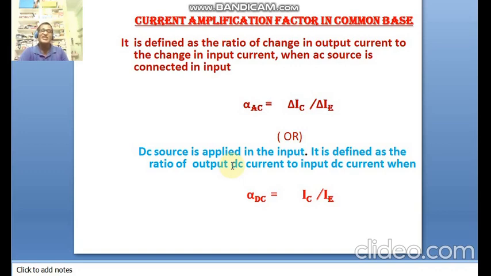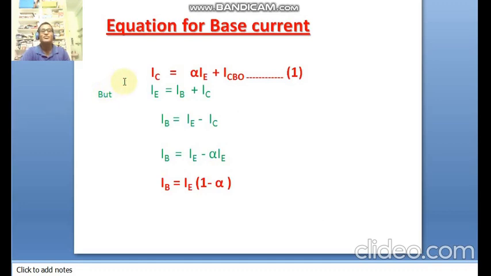In this case, output current is IC, input current is IE, therefore IC by IE is alpha DC. By cross multiplication, IC is equal to alpha IE plus ICBO, where ICBO represents the leakage current in the common base.